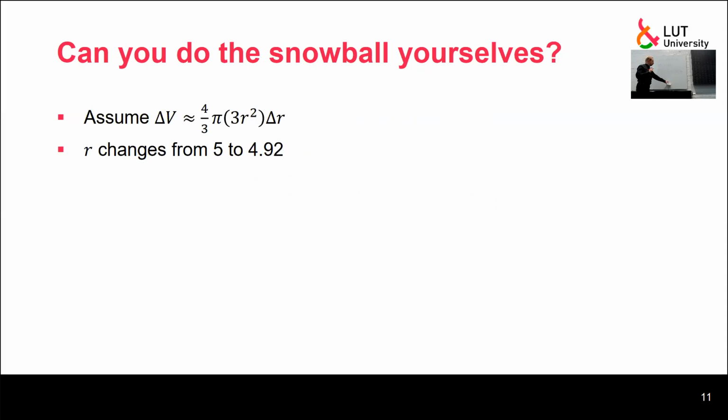Otherwise, units wouldn't work. Delta R was 0.08. And we have here 25 times 3, so this is 125 times 0.08. 8 times 125 is 1,000, so this is roughly 10.